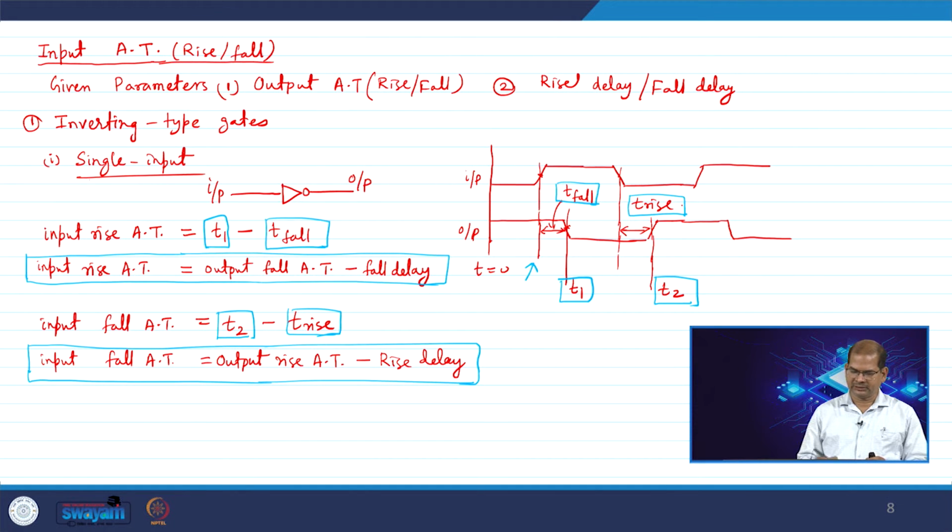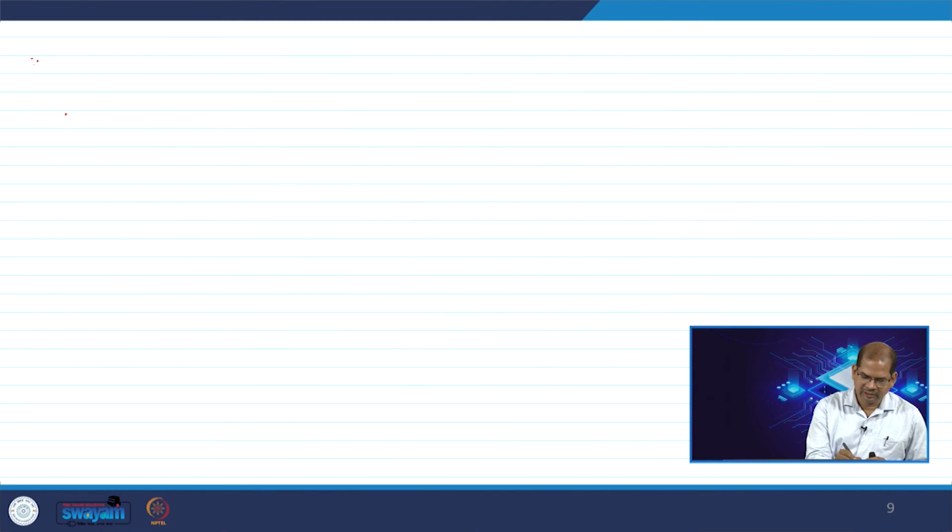So, here we are discussing a single input and single output. But now we are discussing the second case, when we have multiple fan out gates connected to the output node, the output pin of the gate.